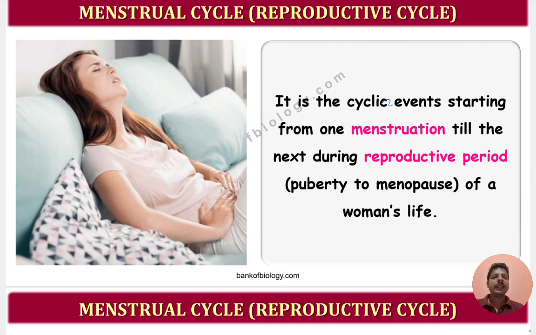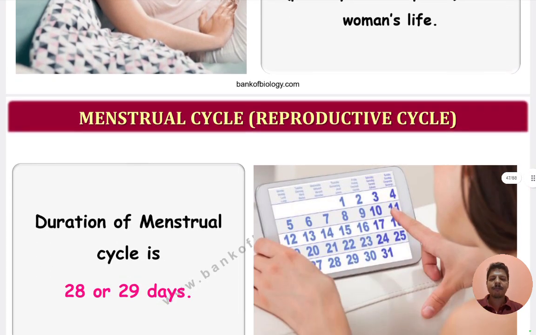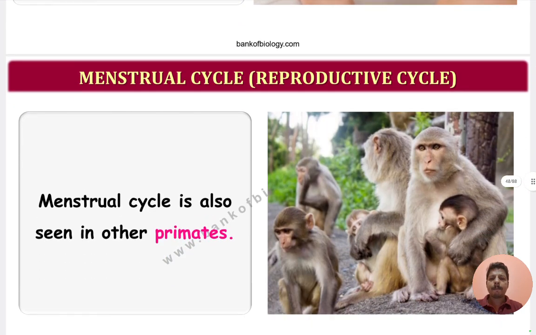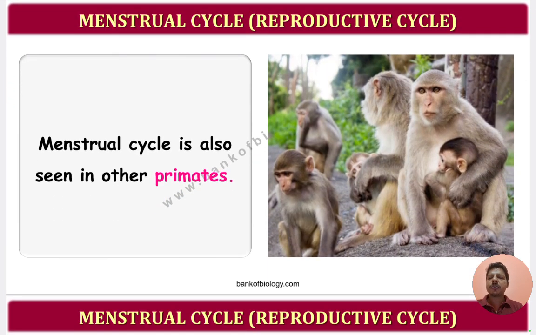So, it is a cyclic event starting from one menstruation, that is the first menstruation, called menarche, to the last one, that is the menopause of the woman's life. Duration of the menstrual cycle is 28 or 29 days. The menstrual cycle is also seen in other primates like monkeys.